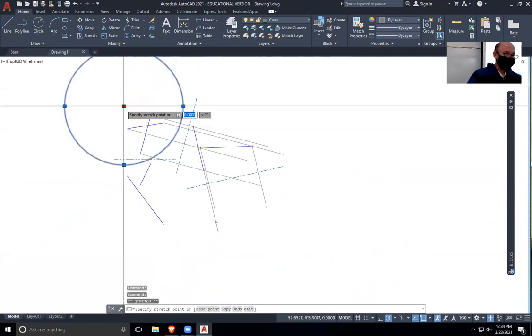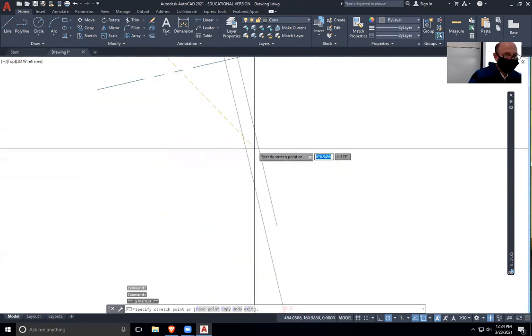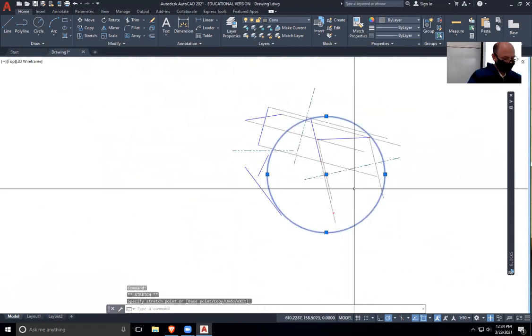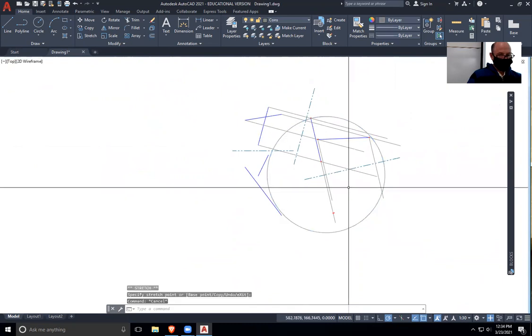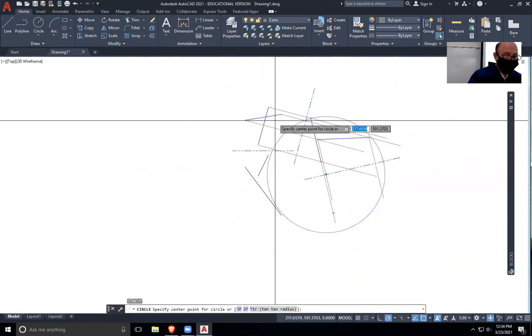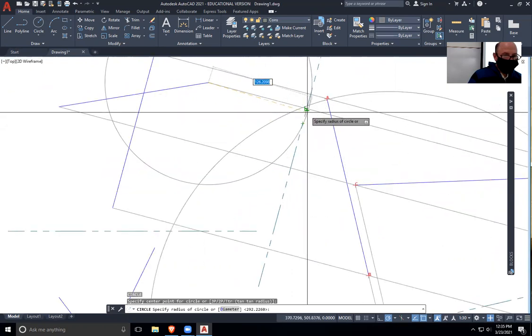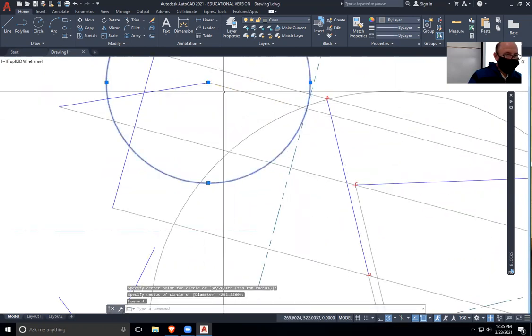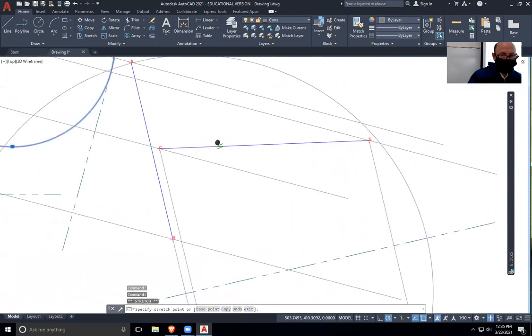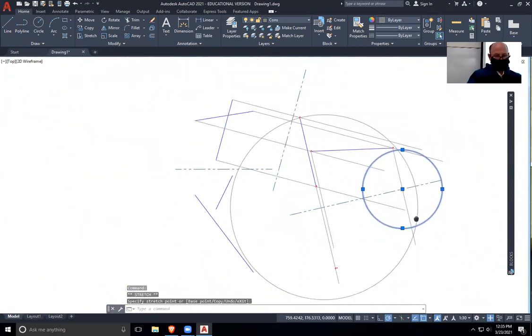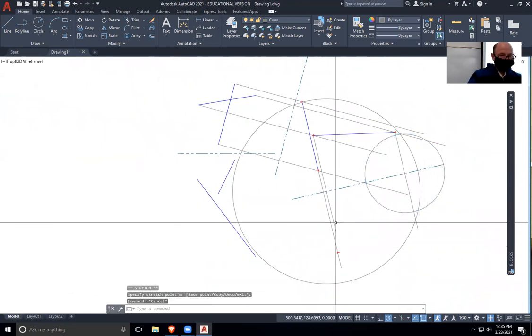Doesn't matter which one. I'll have to extend that out. That one. Point D. That does intersect, so that's nice.